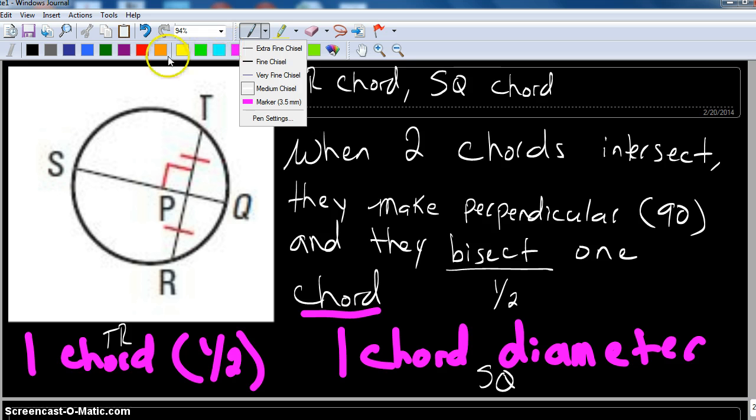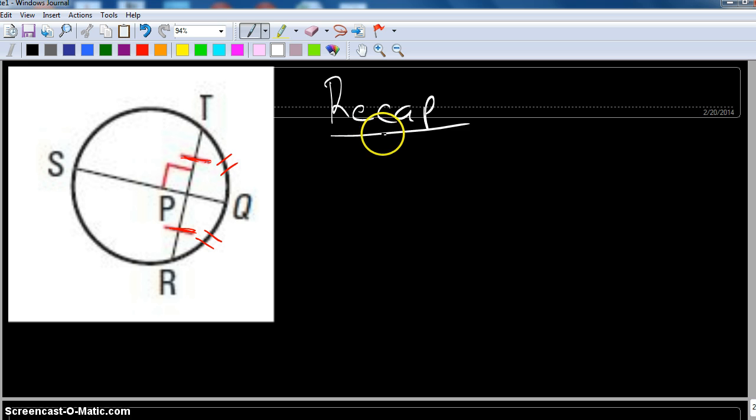So right now in the picture, we have TP equal to PR, and if these two little pieces are the same, then the arcs are the same. There's a lot of stuff going on here. So I'll just erase it off. Hold on. To recap, we have TP congruent to PR.